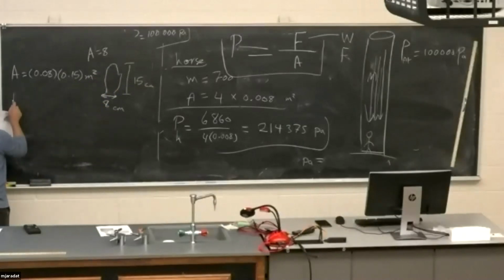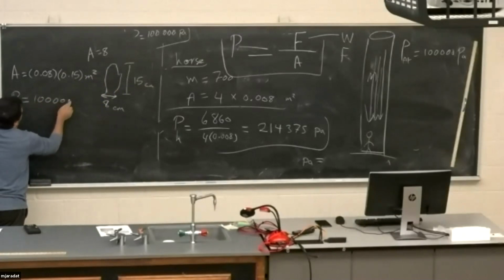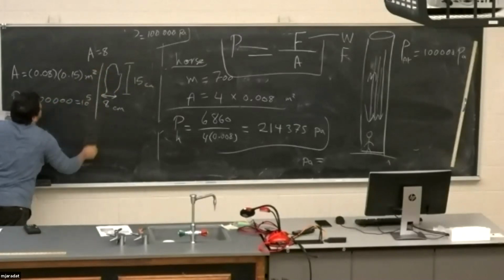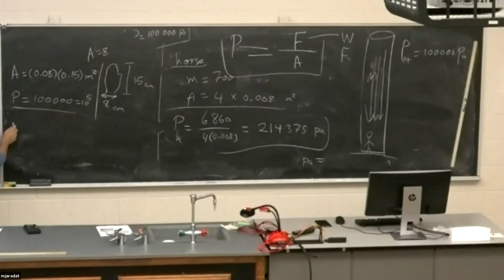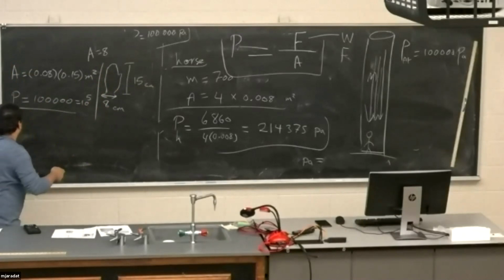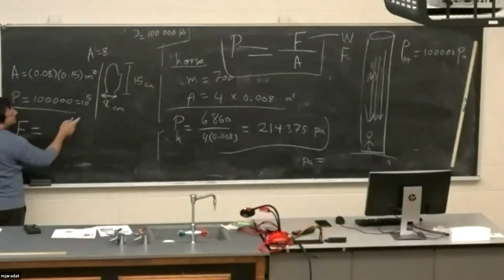And the pressure is 100,000, which is 10 to 5. What is the force, or the weight above your hand? The force is equal to pressure multiplied by the area.